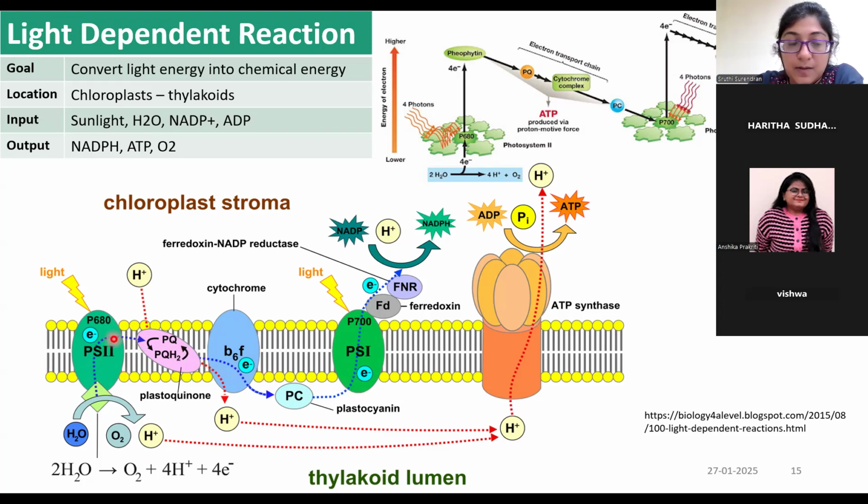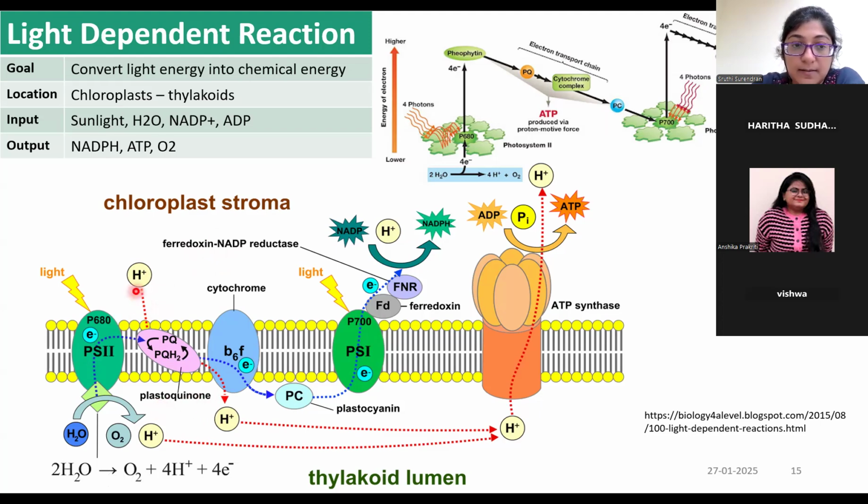So what happens when this energy goes from a high energy state to a low energy state is that an energy gradient is created. What is the purpose of creating this energy gradient? It helps the protons that are in the stroma. The stroma has a lot of protons already, and the lumen also has a lot of protons because the water splitting increases the concentration of protons in the lumen.